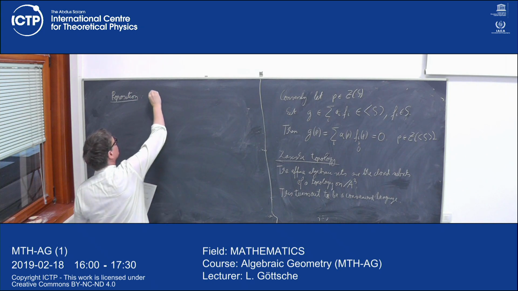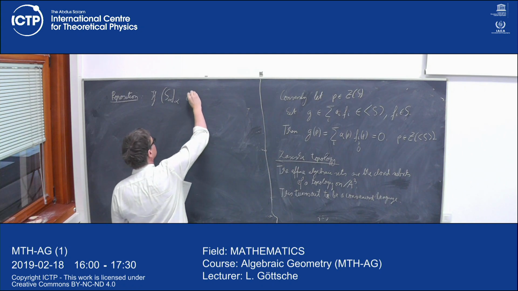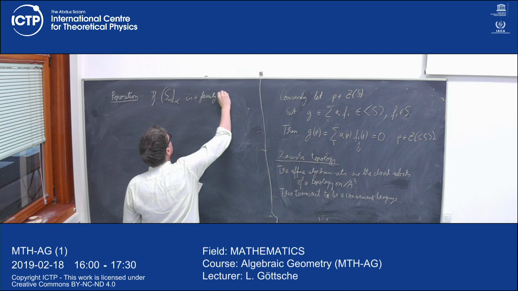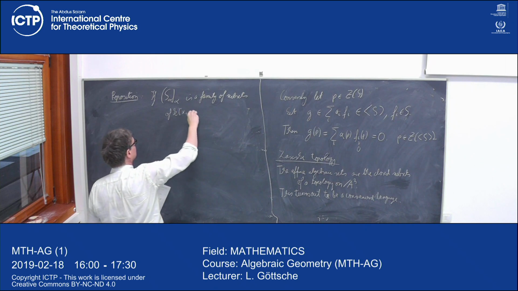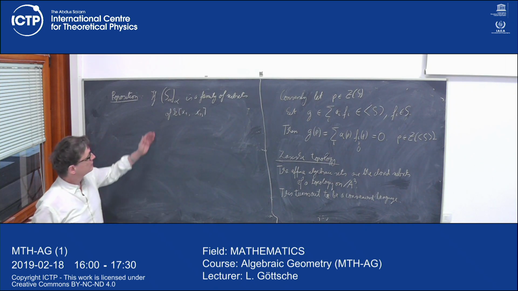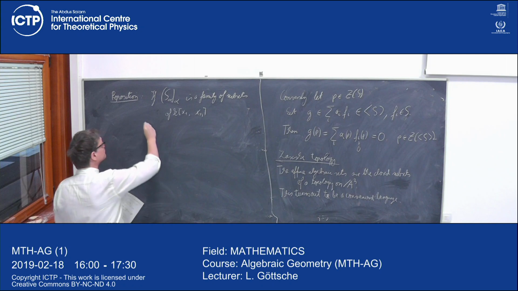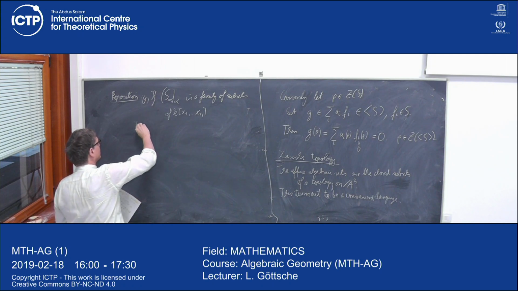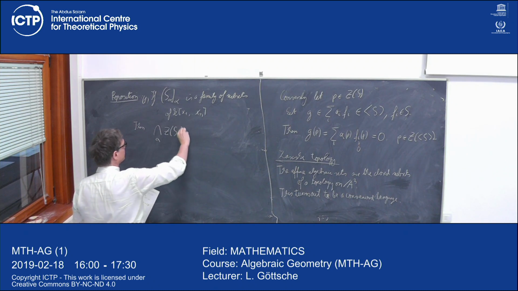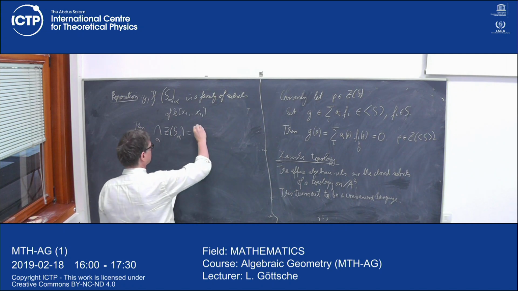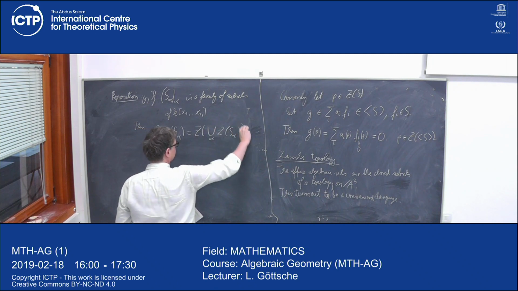So first, if S_alpha is a family of subsets of K[x1,...,xn], so this is a set of sets of polynomials, then if I take the intersection over all alpha of the zero set of S_alpha, this is the same as the zero set of the union over all alpha of S_alpha. Okay, this first statement.